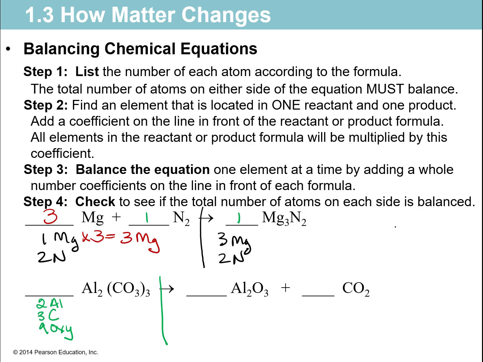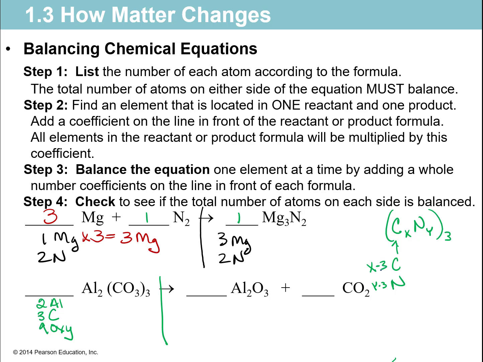So if I have like C_xN_y, and I have that 3 on the outside, then whatever my number here, that carbon is going to be x times 3. And the nitrogen will be whatever the y is times 3. Okay, so you're always going to multiply the number by what's outside.